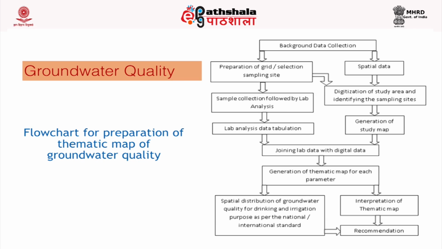From the thematic map, the spatial distribution of groundwater quality can be recommended, and the interpretation of this thematic map will help us to know the water quality of that particular area.